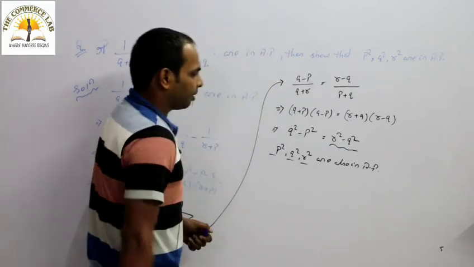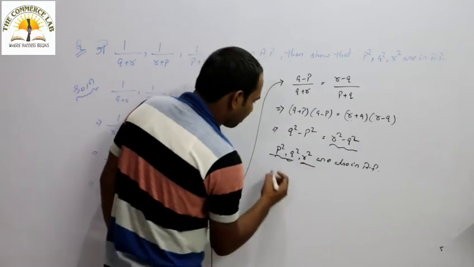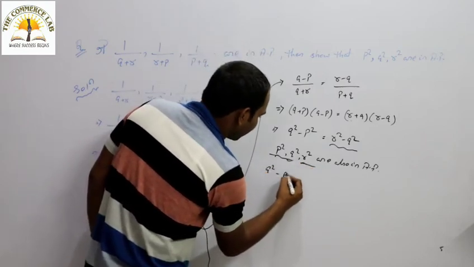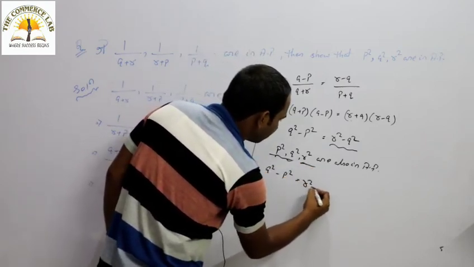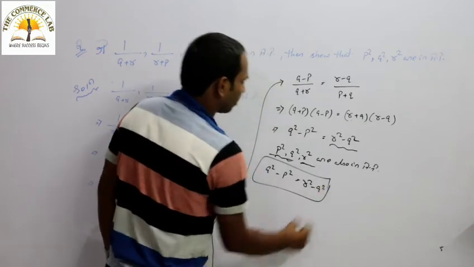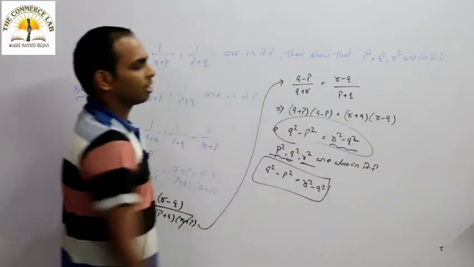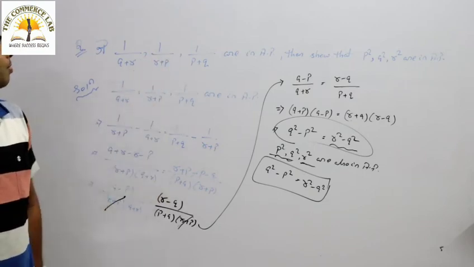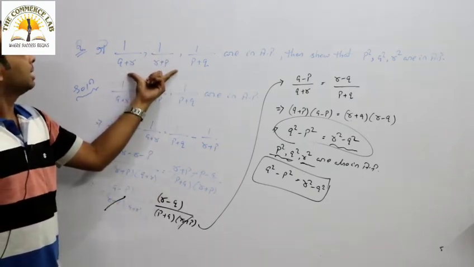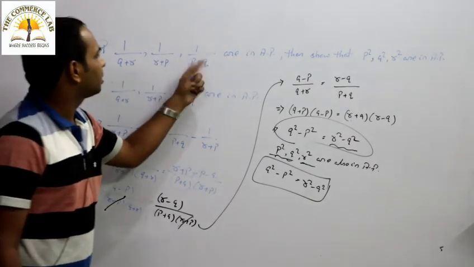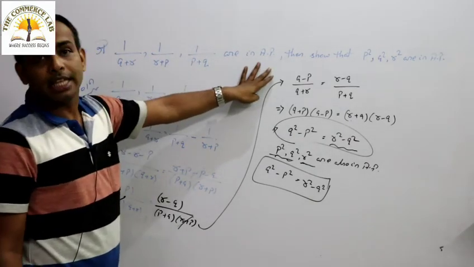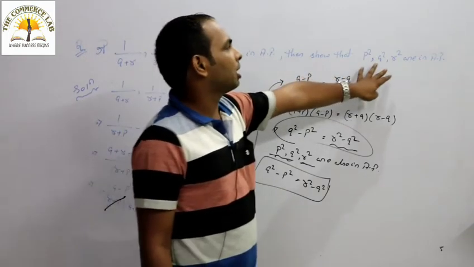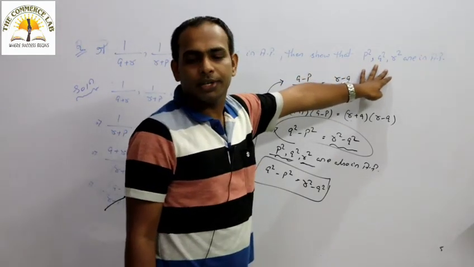Because if these are in AP, then the difference between these, q square minus p square, is equal to this one. Okay, so this is all about the proof. If this series 1 by q plus r, 1 by r plus p, 1 by p plus q are in AP, then p square, q square, r square are also in AP.